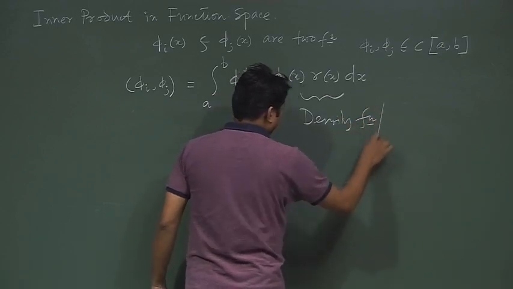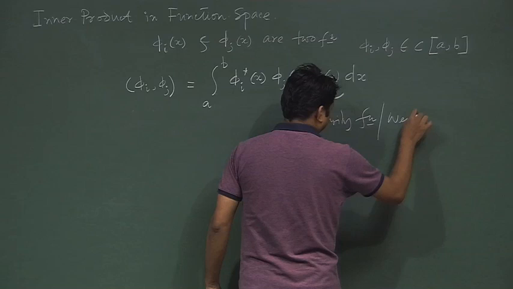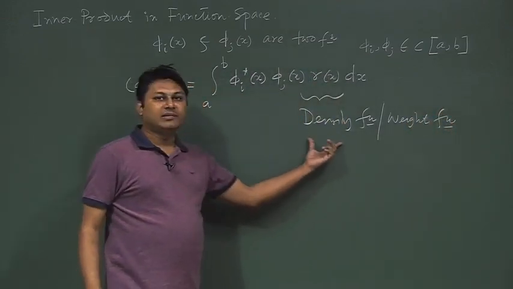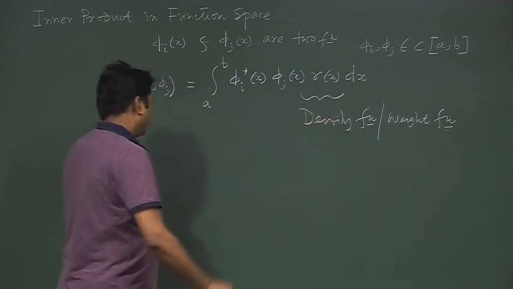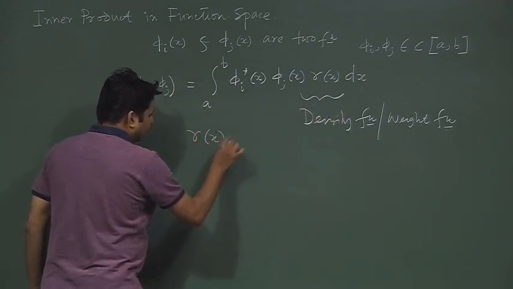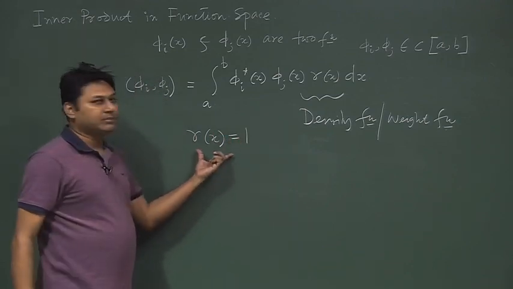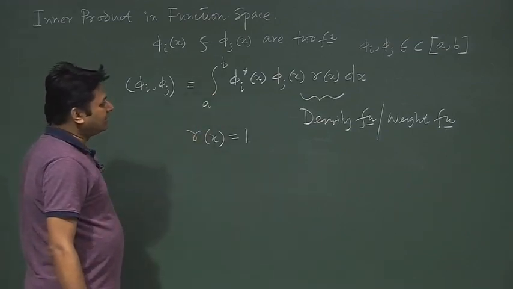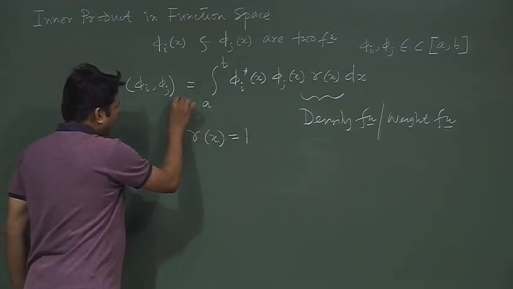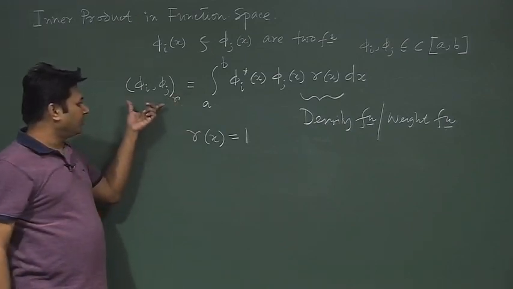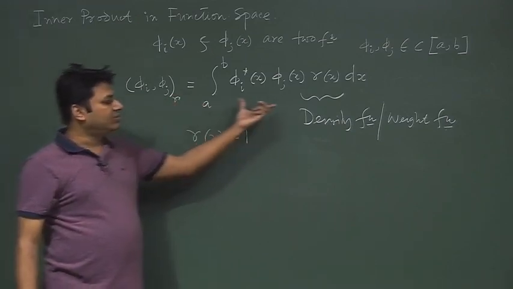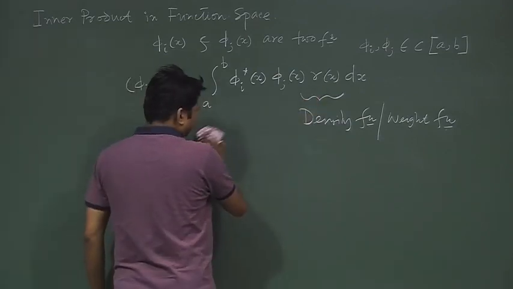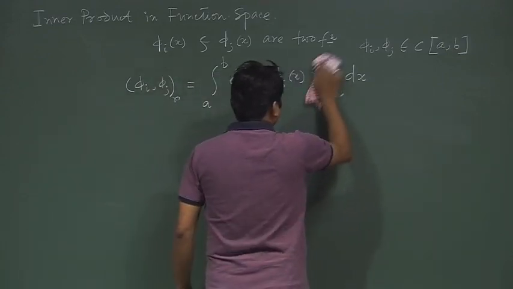But in many cases we normally take this as 1 to make life simple. So r x is nothing but 1. If I define this in terms of the density function, I need to put r as a suffix here, so that my inner product is defined in this way with an r. Now forget about the r, because I am taking r equal to 1, which we always take.